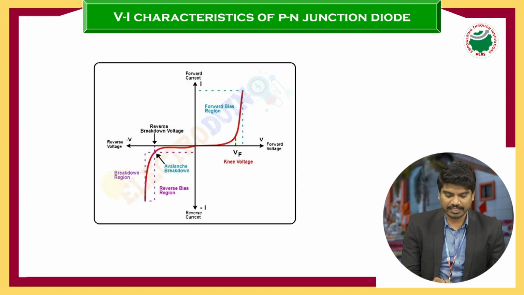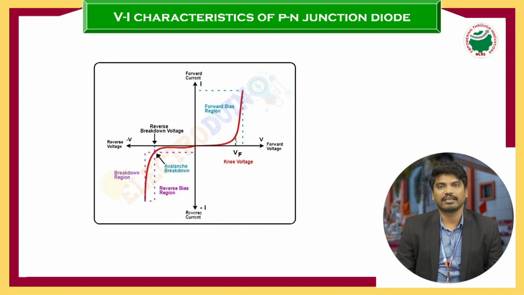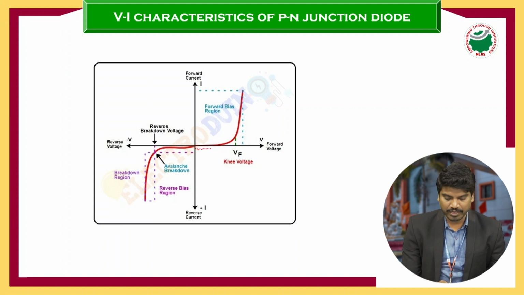As I said earlier, we can clearly understand that if I want to get the flow of current in a PN junction, I must apply a voltage greater than the threshold voltage. A little bit of voltage is not enough to cause the flow of current through the junction in forward bias.